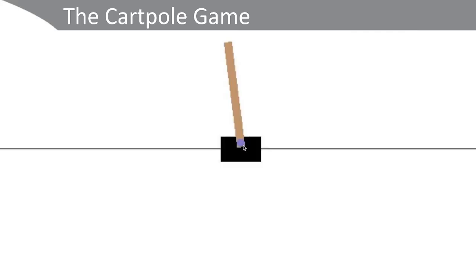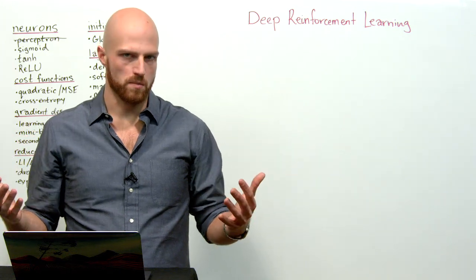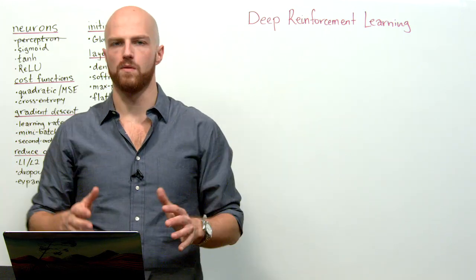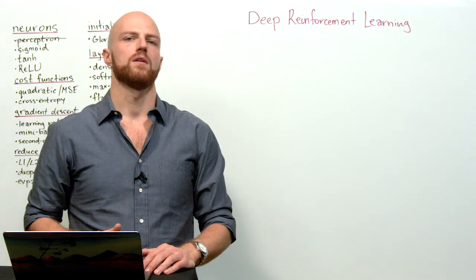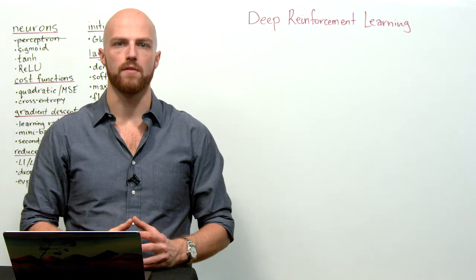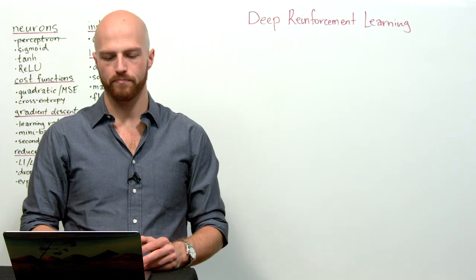But the idea here, the way that you win the Cartpole game, is by balancing the pole on top of the cart so that it doesn't fall down.